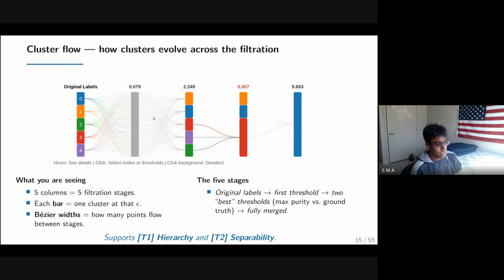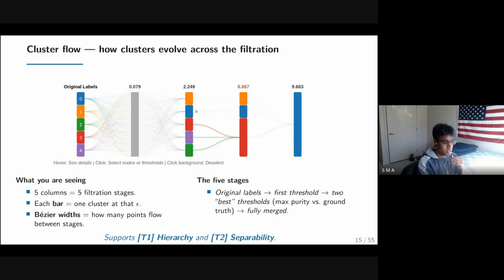What you're seeing here is the original data points, and at an initial radius, they're all individual data points. As you keep on filtering, you reach a certain threshold where they form clusters. As you keep filtering, they merge together, and at another threshold, they all form a single blob.